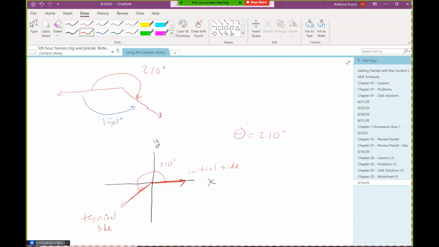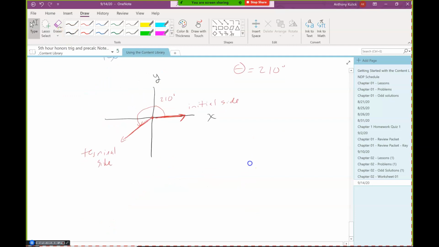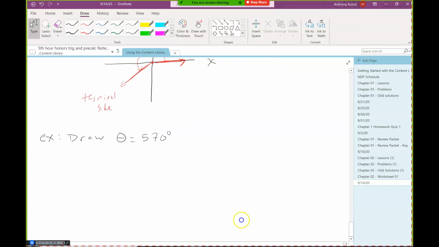Is everybody okay with this so far? So using this, we can draw things like a 570 degree angle. Let's do that real quick.